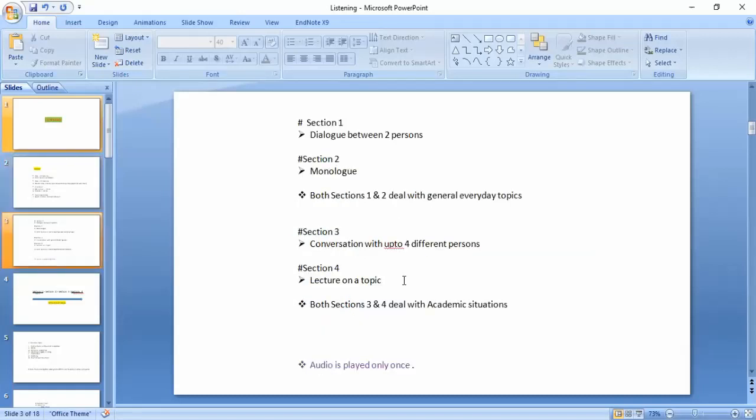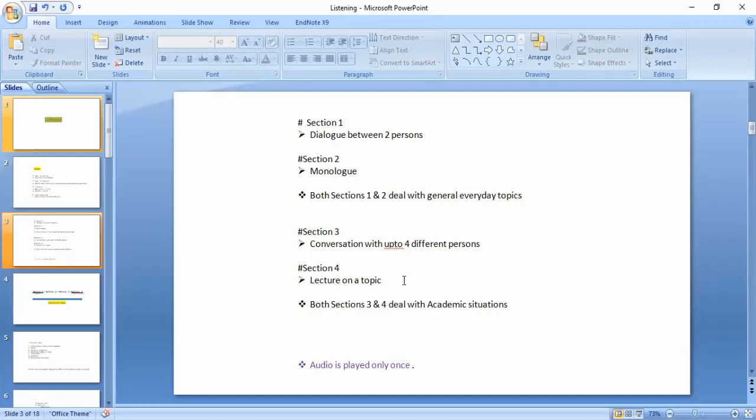In section one, there will be a dialogue between two persons, and the dialogue will be about everyday life activities, like where is the library? These are the kind of dialogues that international students use in situations that are common at that time.